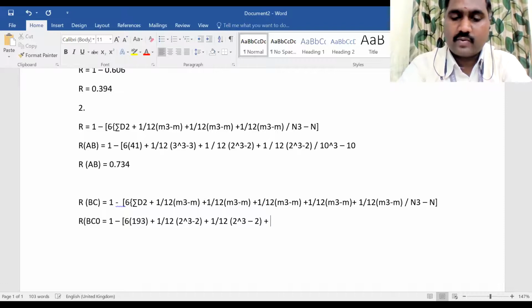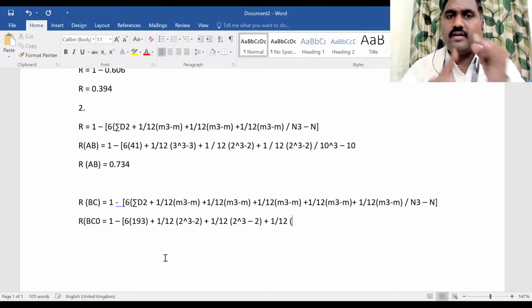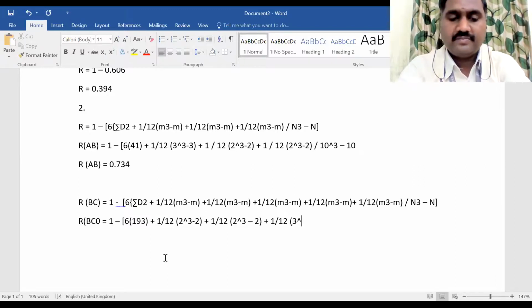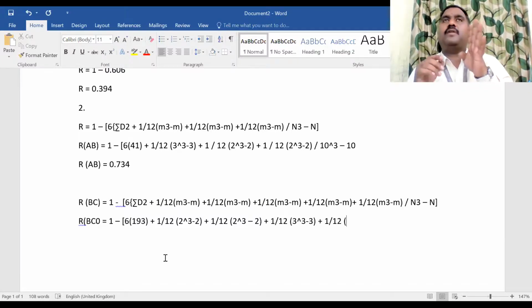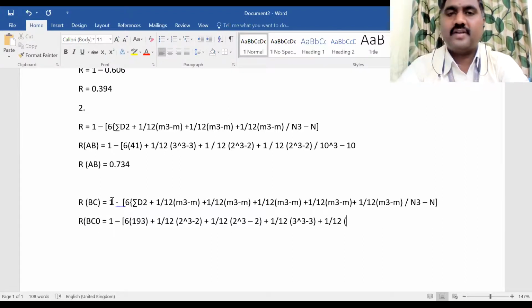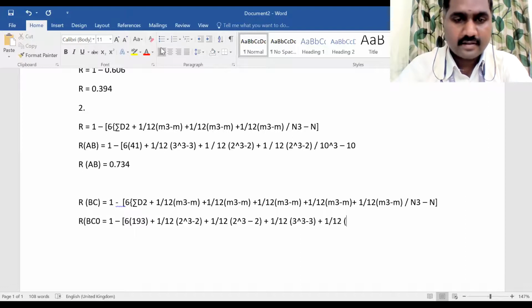And then the third pair, 1 by 12 into the third number is 9, right? 9 is repeated 3 times. So 3 power 3 minus 3, plus 1 by 12 into what is the fourth number repeated? 5. 5 how many times repeated? 3 times.